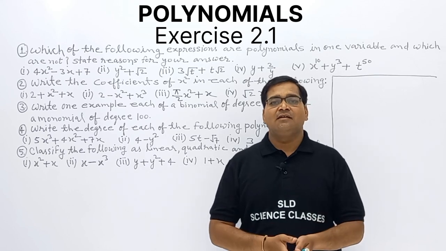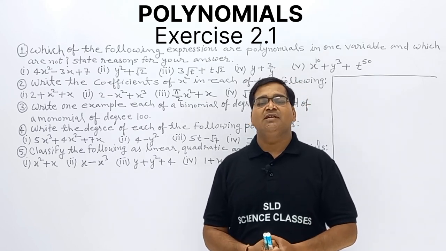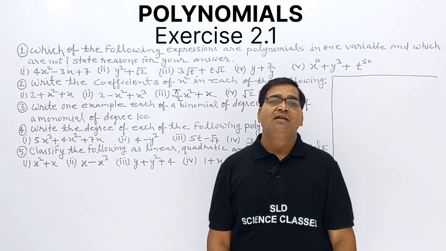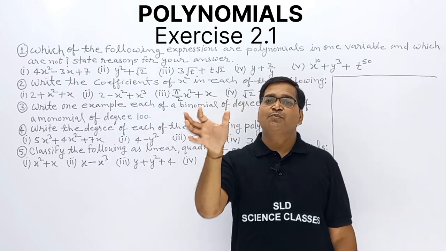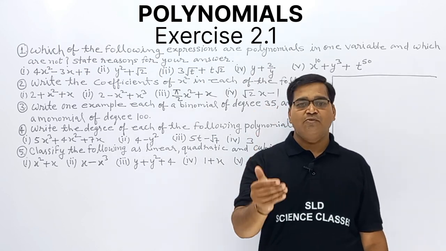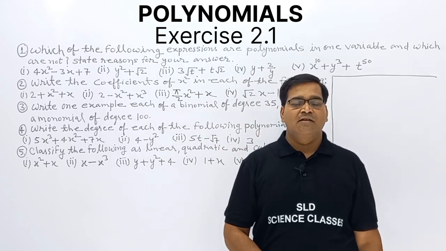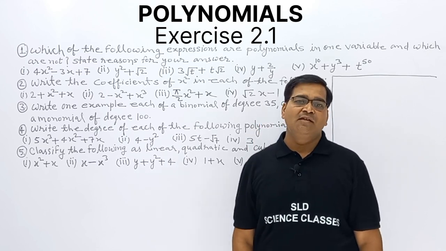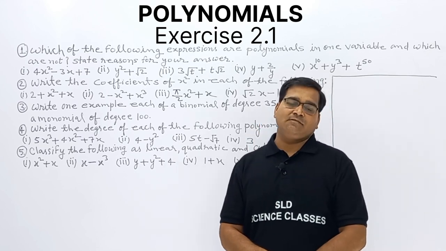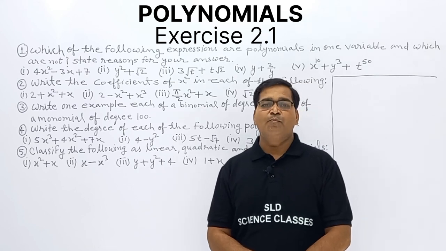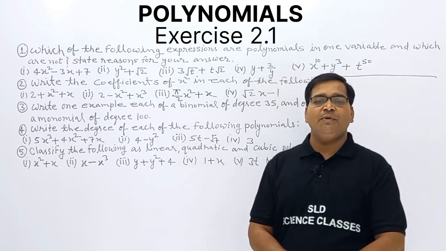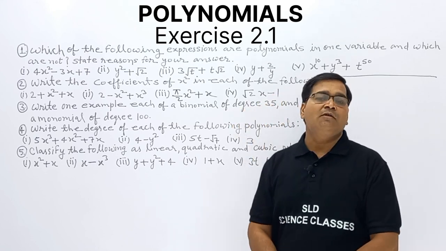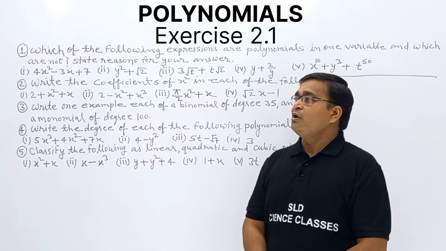Let me quickly revise the definition of polynomials. A polynomial has many terms, but it is an algebraic expression having constants and variables, in which the power, or exponent, of the variables should be a whole number.